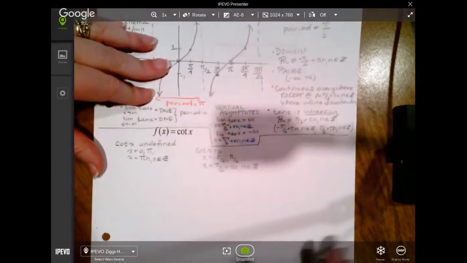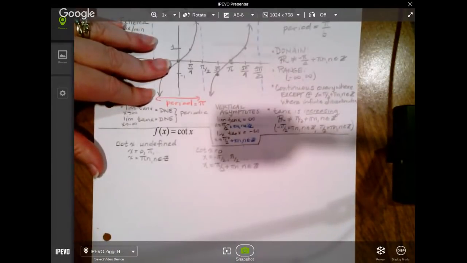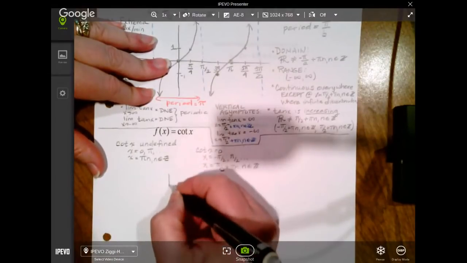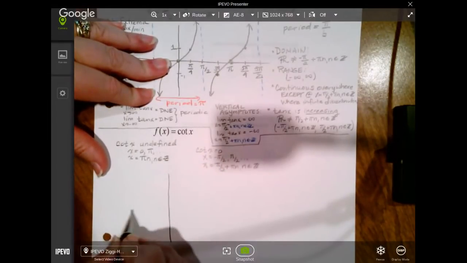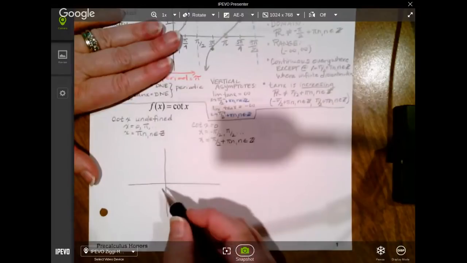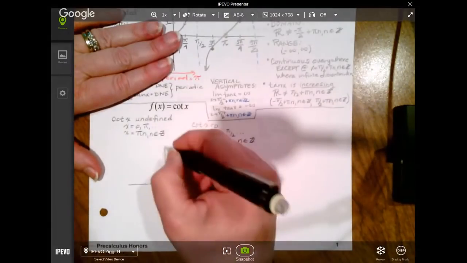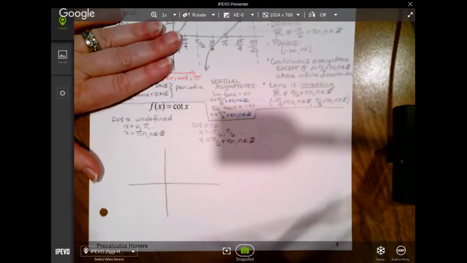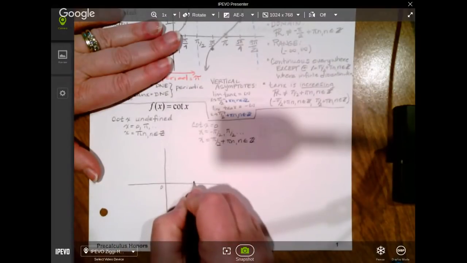All right? So now let's graph our cotangent graph based on this information. So similarly, we know that the cotangent graph, if it's undefined, is going to have asymptotes where it's undefined. In this case, it's going to be at x equals 0. So let me draw my asymptotes at 0 and at pi.